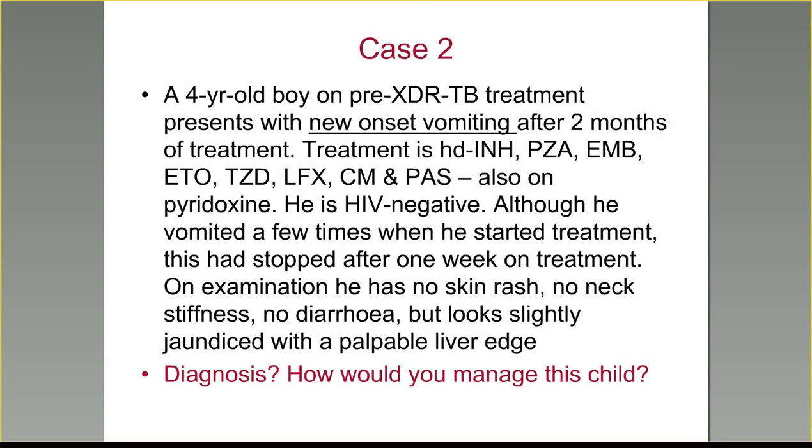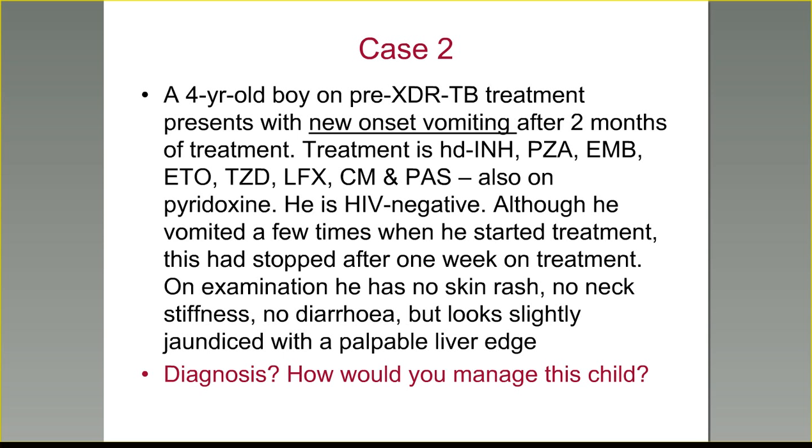The current treatment that the patient is on is high-dose INH, PZA, ethambutol, ethionamide, trazodone, levofloxacin, and capreomycin plus PAS. He's also on pyridoxine supplementation to counteract the adverse effects.